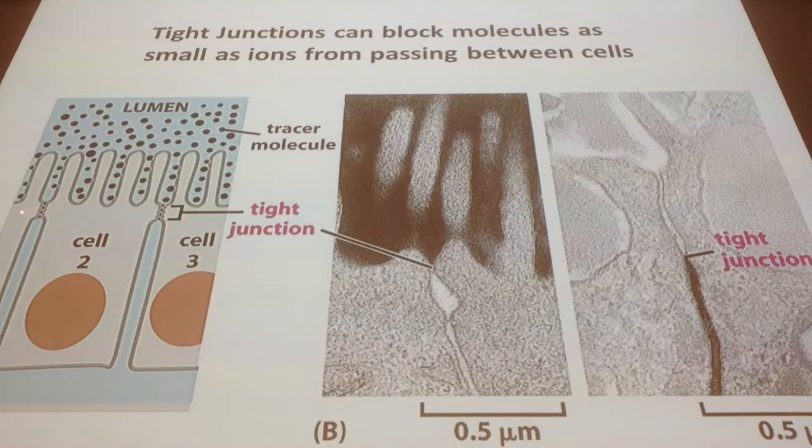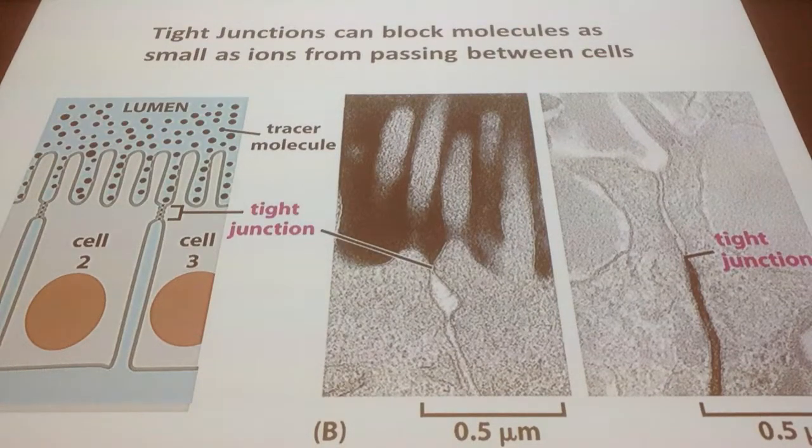So tight junctions are found at the very top, and think of it as a zipper, right? These are tight junctions, and not too many things can pass. Water and very small molecules or ions might be able to pass through, but not too many other things can leak through. So tight junctions prevent leakage across the epithelium, right?